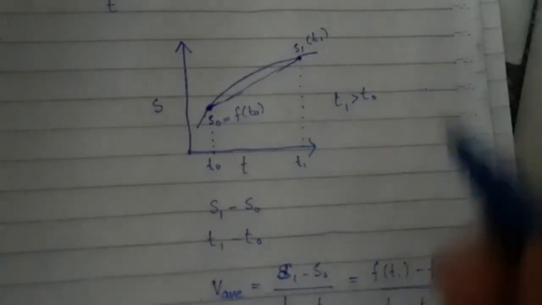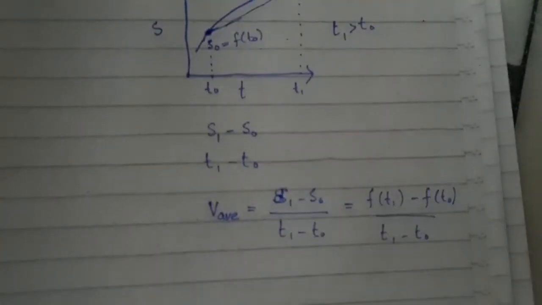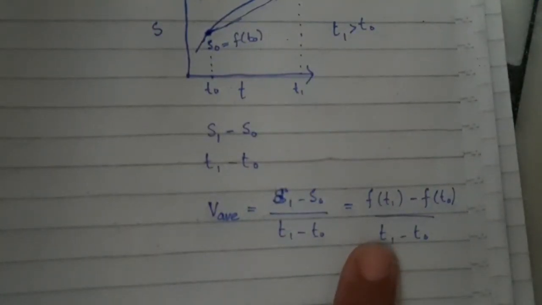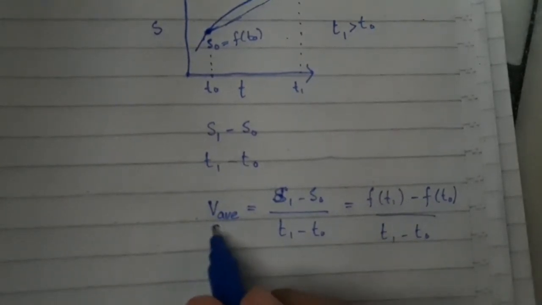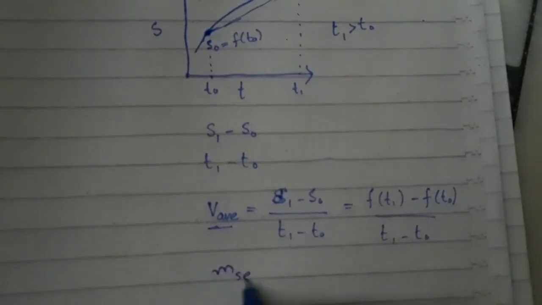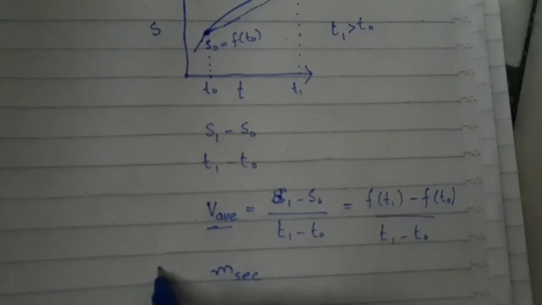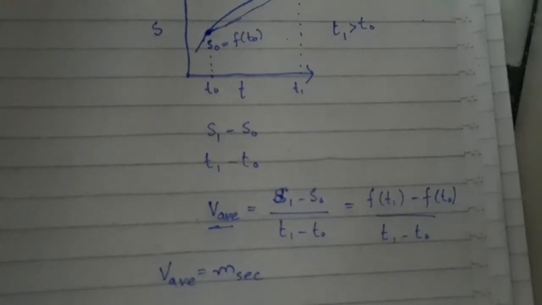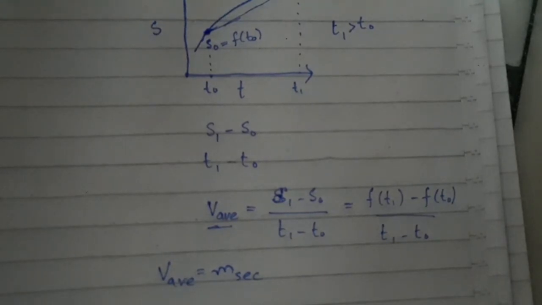You see, this is what the average velocity is, because this is the average, so it is equal to the slope of the secant line. I can say that V average is actually equal to the slope of the secant line. Now let's talk about the instantaneous velocity.